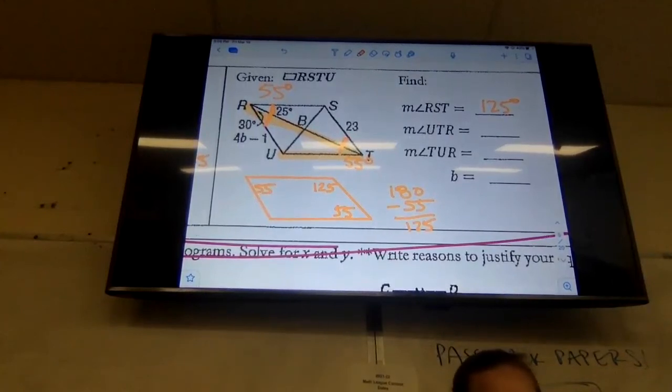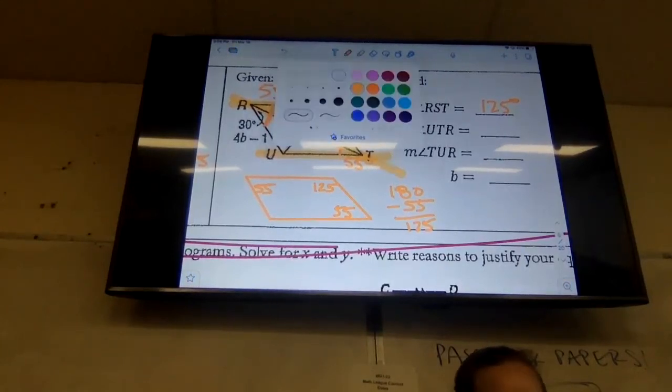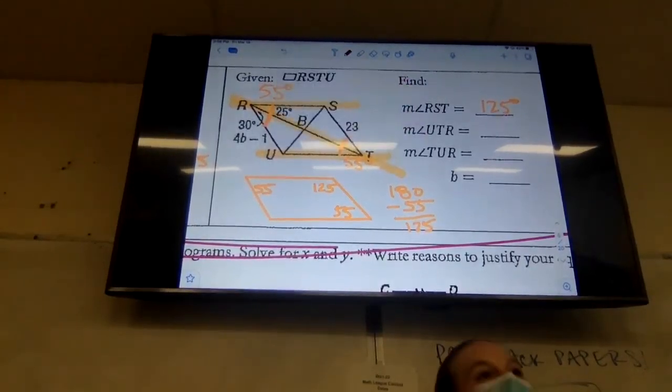Wait, it would be 32. Would not be 32. Oh, 50. Oh, I'm looking at 50. 30. Would not be 30. Is it 50? No, it's 25. Oh, it's like opposite. No.